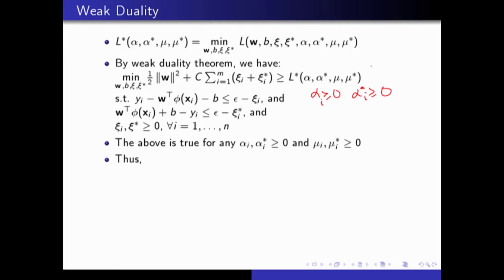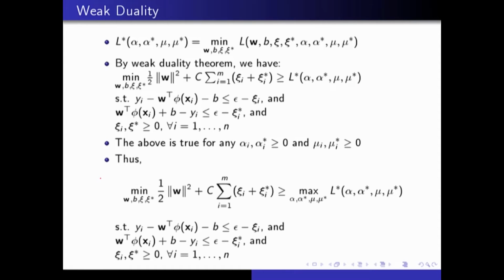So what does this mean? Well, this means that you could also take an upper bound of the right hand side. What have we done here? We have taken a max of the lower bound.